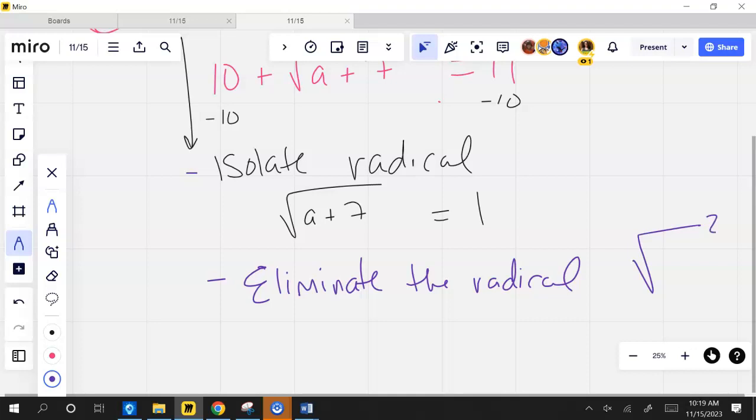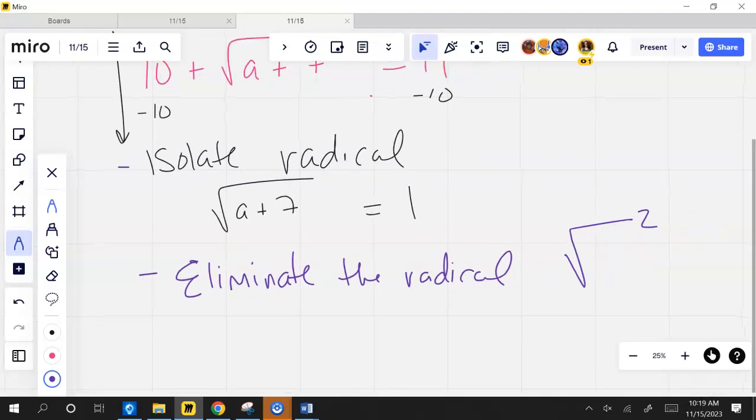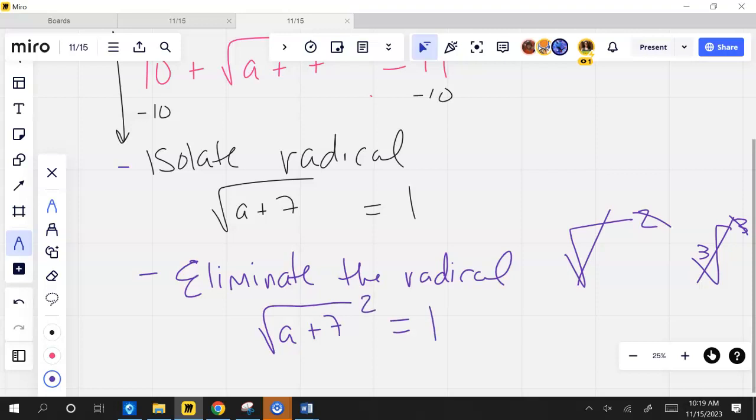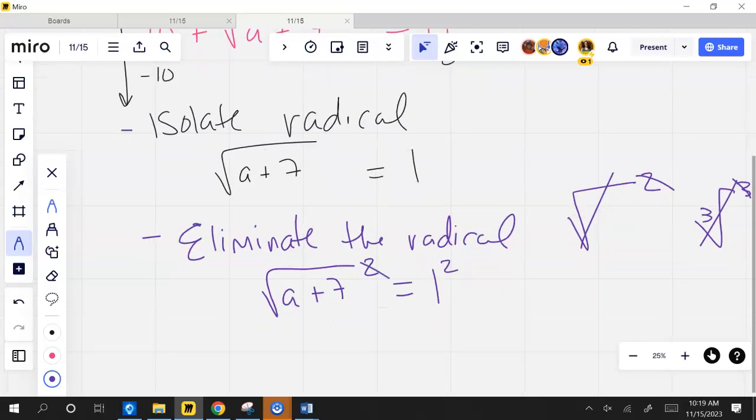Yeah, square root and square are opposite, right? Those cancel each other out. Cubed root and cubed cancel each other out. Whatever that root is, that exponent will cancel it out. So if I am square root of a plus 7 and the radical is all by itself on that side, I can raise it to the second power and then this is gone. Does that make sense?